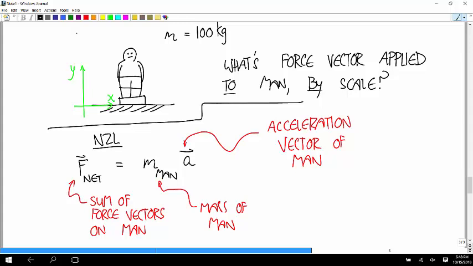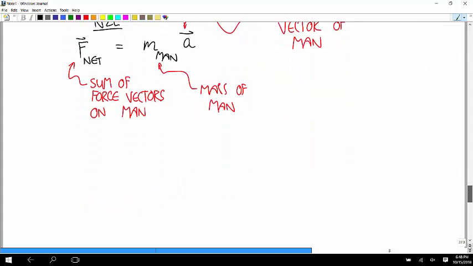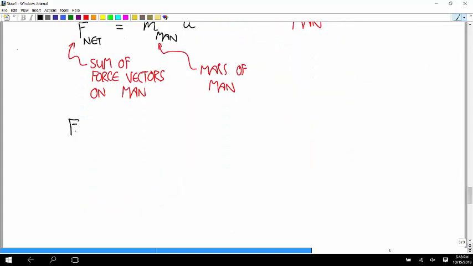Okay, so what forces are acting on the man? Well, gravity is always acting on anything. Let's break it up. The force applied by gravity, the weight, is equal to 0 in the x direction.